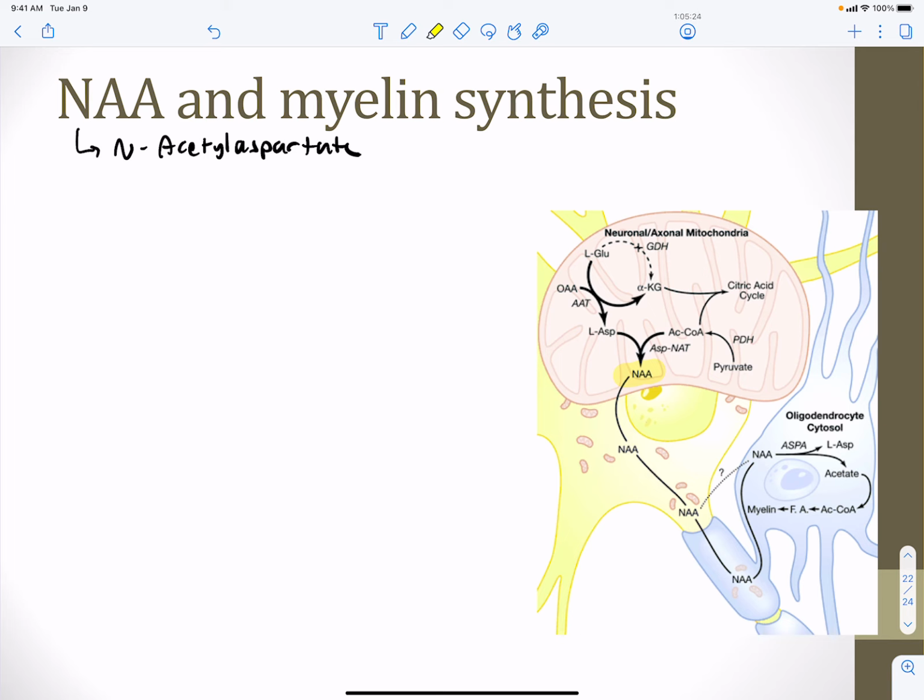So reduction of your N-acetylaspartate can indicate brain injury or tissue damage. And this is coincidental or occurs alongside a decrease of ATP.